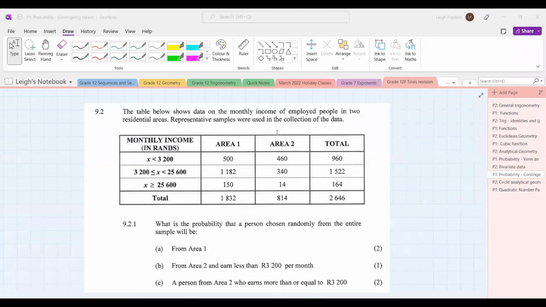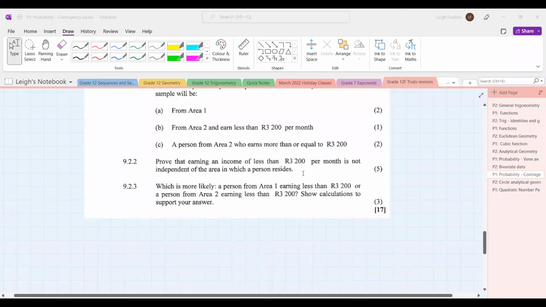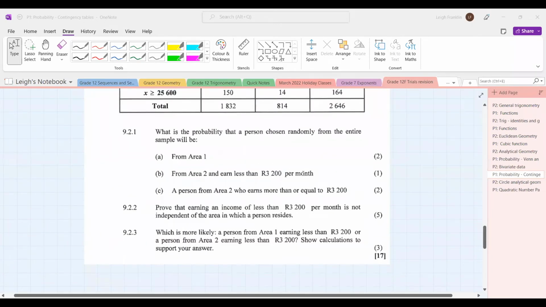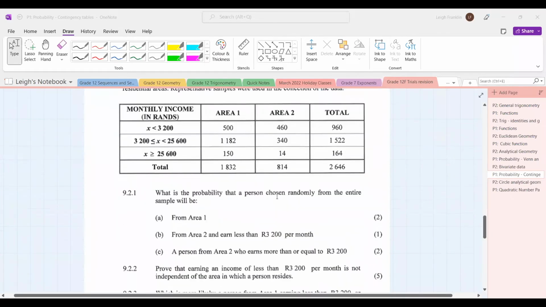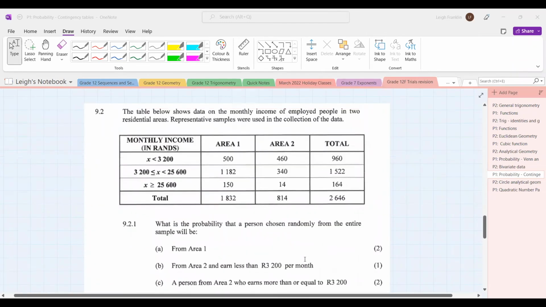So yeah, in question 9.2, we're also going to be looking at something, but I think they've specifically said to us in this case, prove that earning an income of less than 3,200 per month is not independent of the area in which the person resides. So they haven't left the question open for us to choose. We have to look specifically at the cell where somebody is earning less than 3,200 Rand a month.